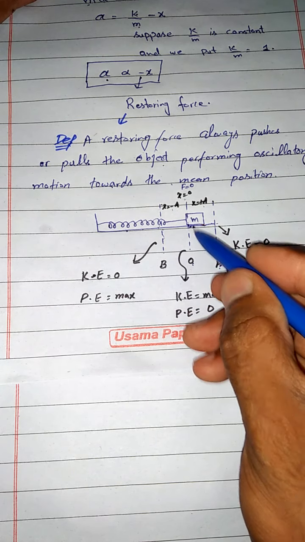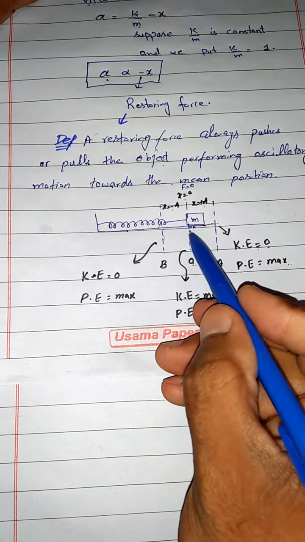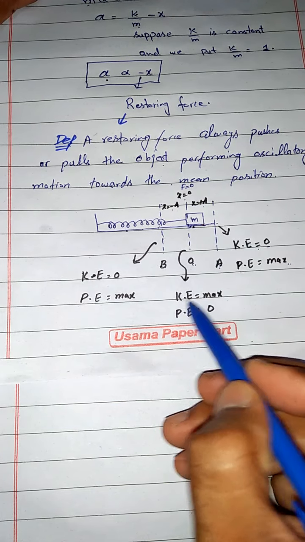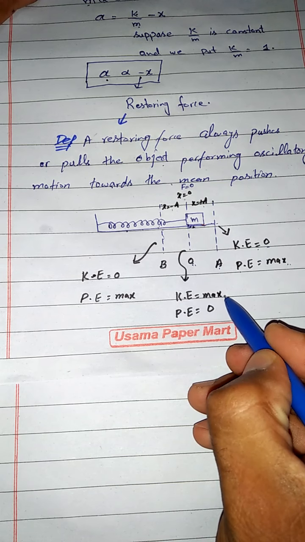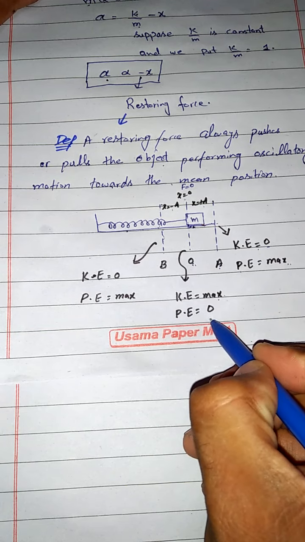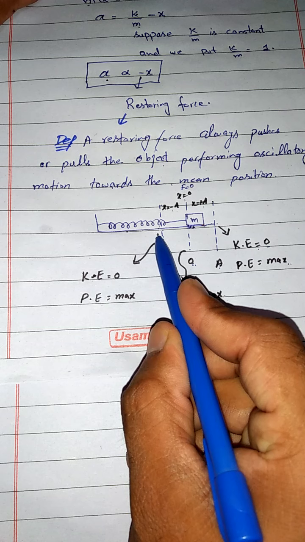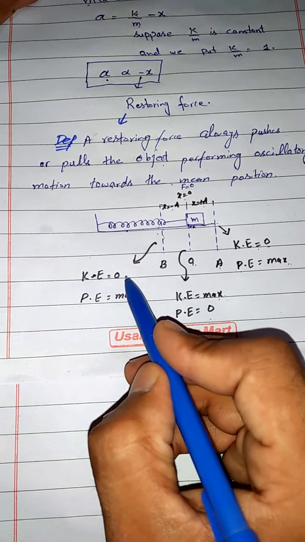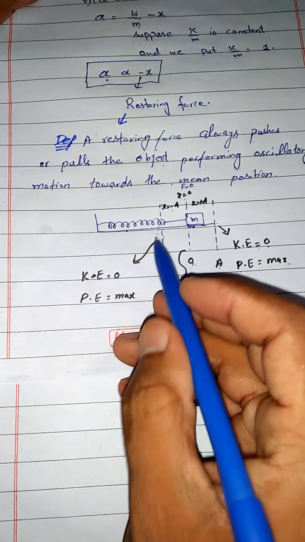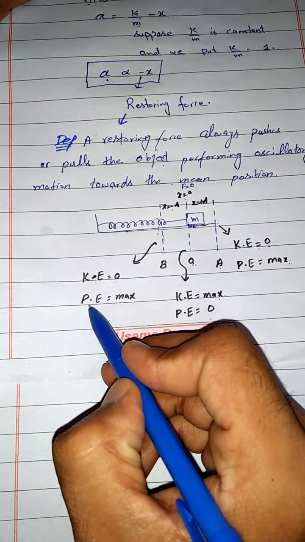When we release it and it reaches O, the body does not stop, it continues its motion. Due to motion, the energy is kinetic energy, and it becomes maximum while potential energy is 0. Similarly, at the extreme position B, kinetic energy will be 0 because it stops for a while, and its potential energy will be maximum.